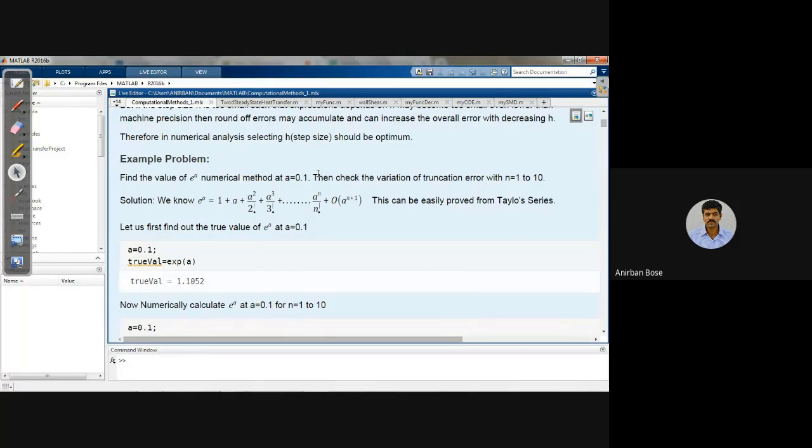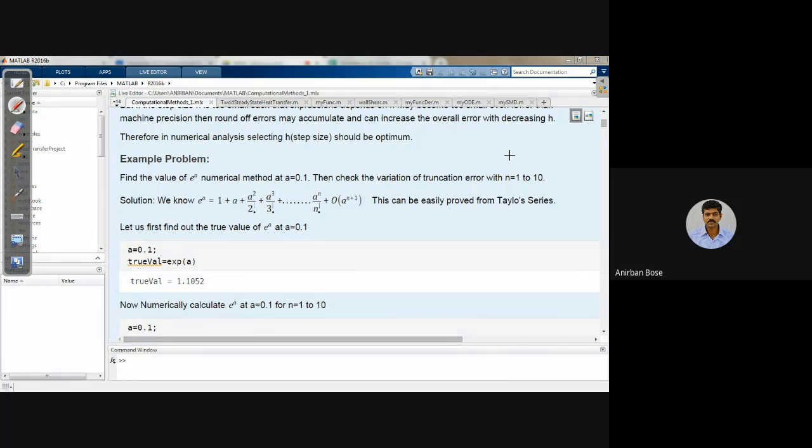Now let us try to understand this error. Let us find out the truncation error with an example, so that you will understand how to code it. Here we have taken one example: e to the power a.